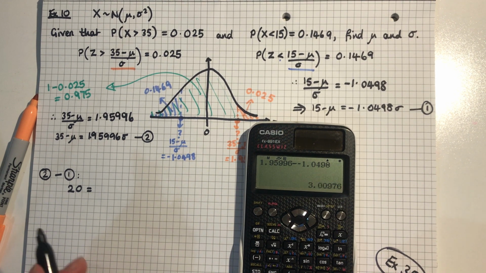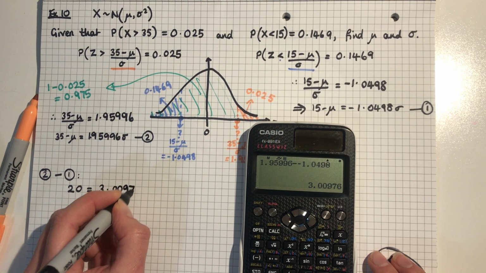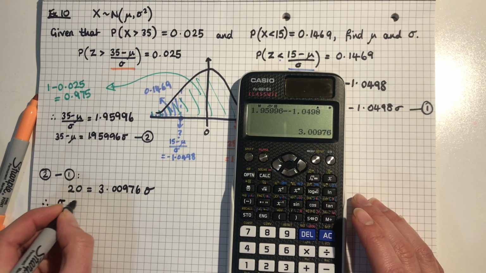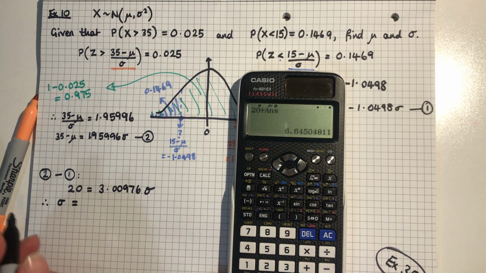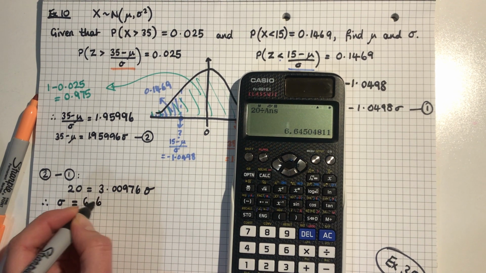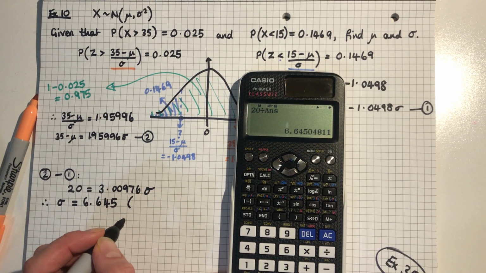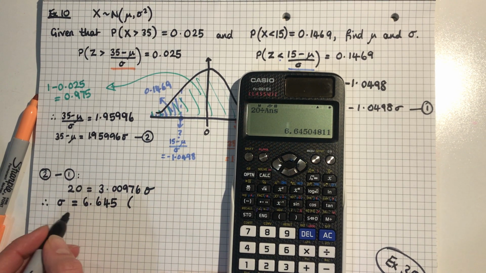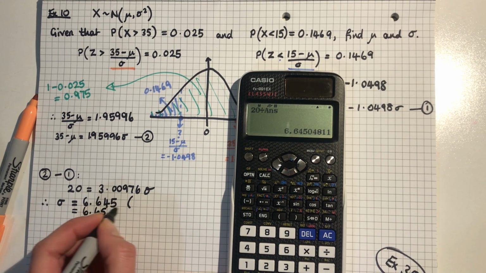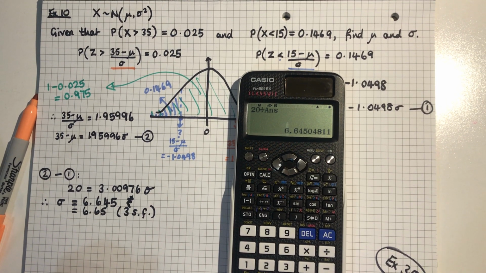So how much sigma have I got? That's 3.00976 sigma there. So sigma is 20 divided by that. Sigma is 6.645, so let's go with 6.65, to 3 significant figures there.